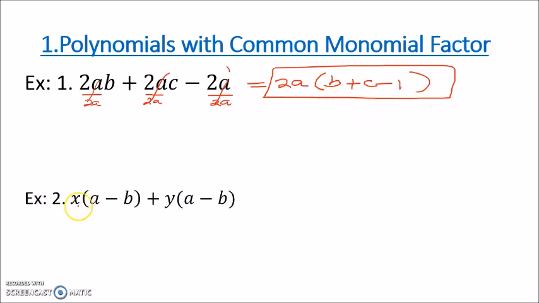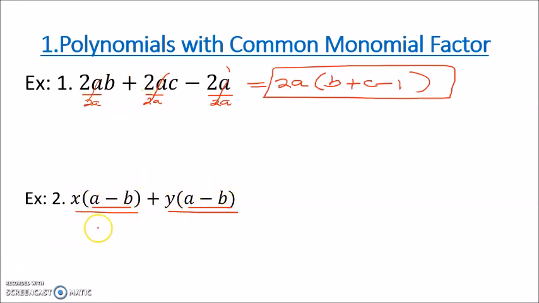Another example, we have here x plus a minus b plus y times a minus b. Alright. So, notice this is the first term. Ayan. And this is the second term. Take note that we have a common factor which is a minus b and also a minus b. So, common sa kanilang dalawa yan.